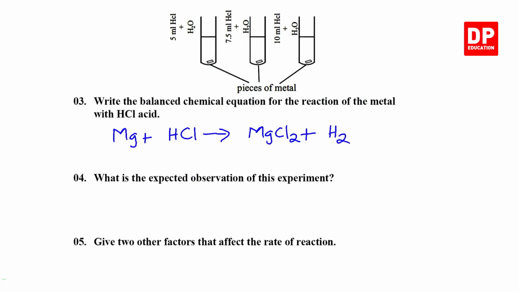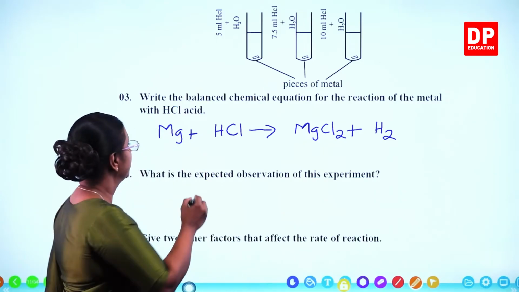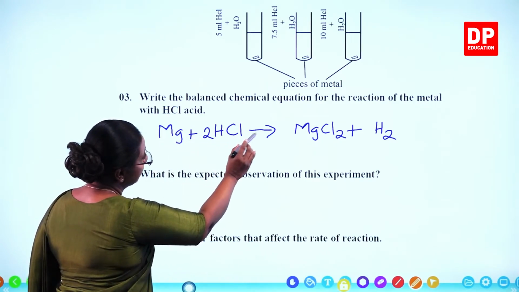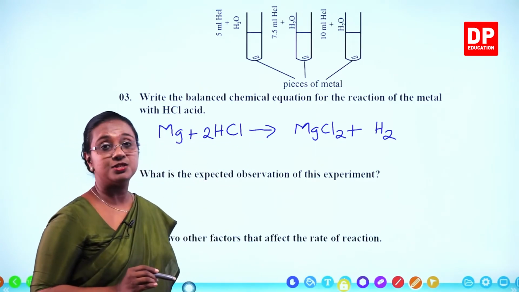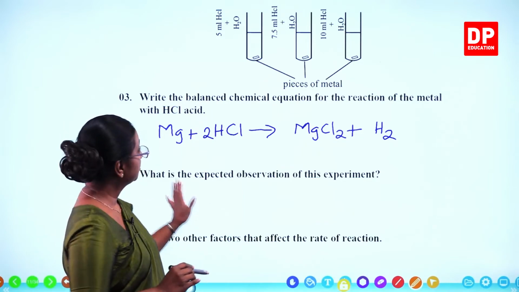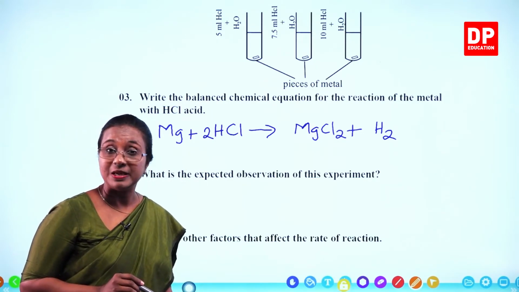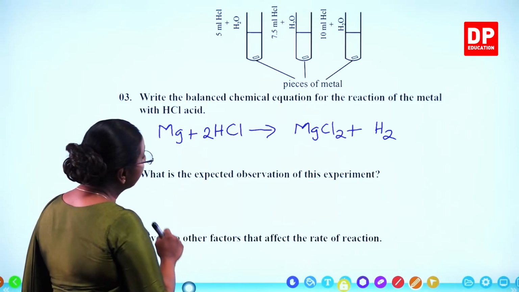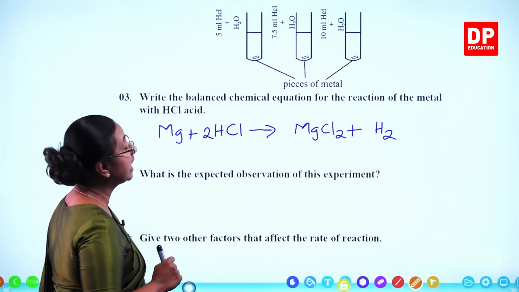And we need to balance the equation. Magnesium of course is balanced, but for hydrogen and chlorine, you can see 2 chlorines and 2 hydrogens. So, we put a 2 there. So, Mg plus 2 HCl gives rise to MgCl2 and H2 gas. So, that is a balanced chemical equation. Then the fourth one, what is the expected observation of this experiment?